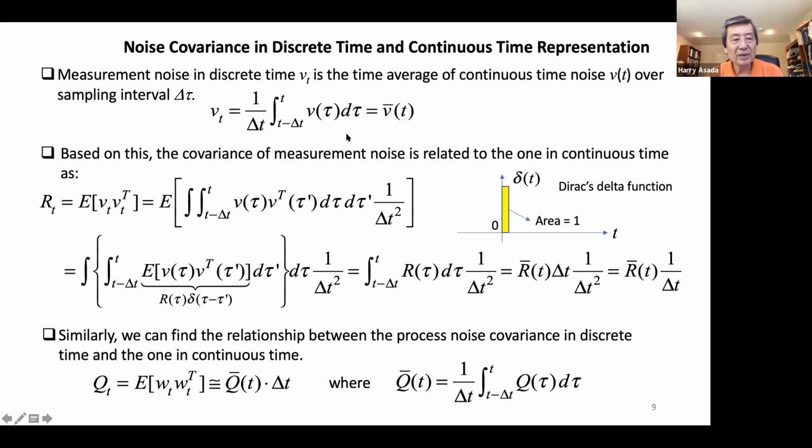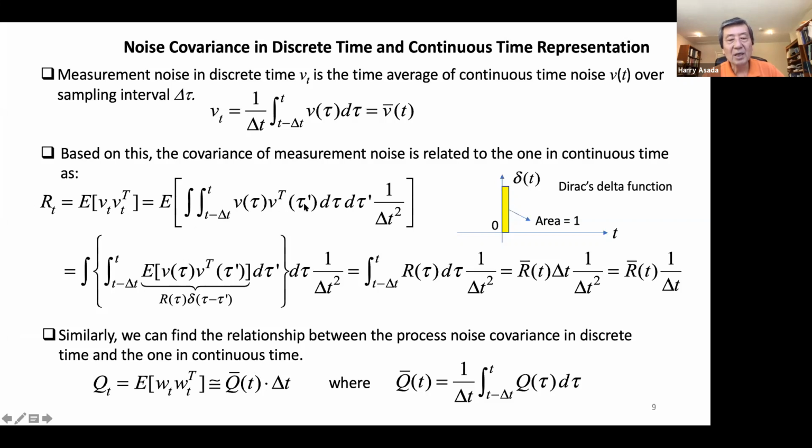So based on this, let's compute the covariance R_t. The definition is V_t times V_t transpose back to back, and we substitute this expression into this. One tricky part is that integration is involved, inside both V_t and the same V_t, however, it should use different integral variables.